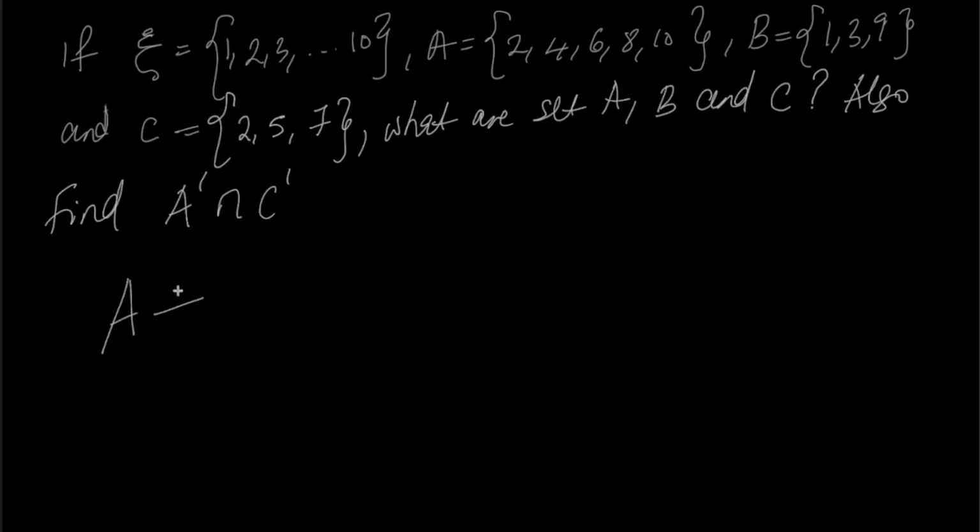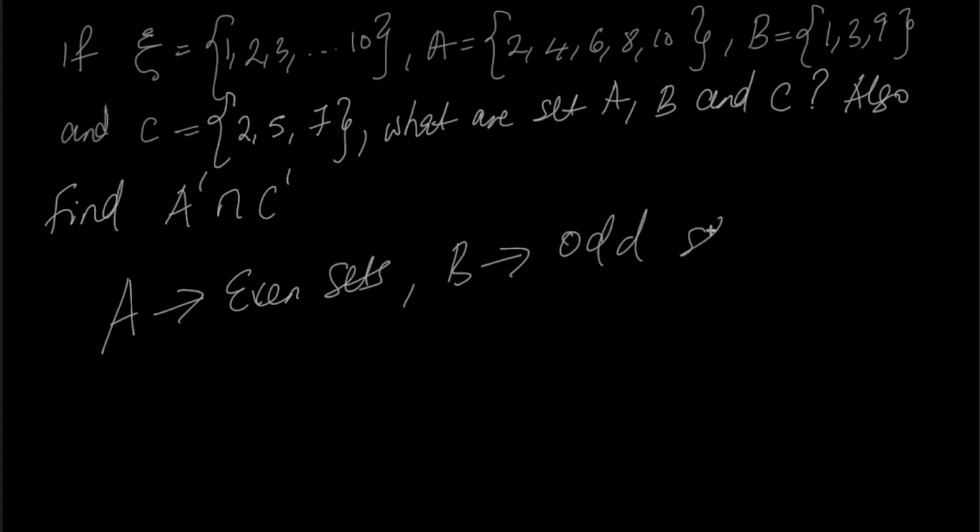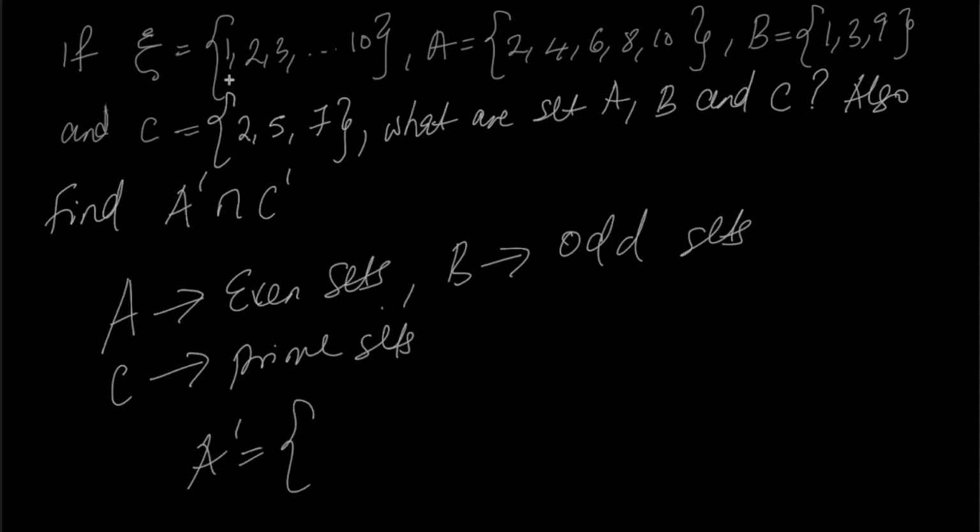You can say A is the even set. What about B? B, these are odd numbers. You can say odd set. What about C? C, these are prime numbers. Prime set. Okay. What about this? The complement of A, that is, what is not here that is here?